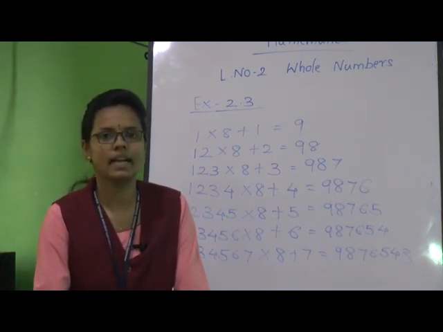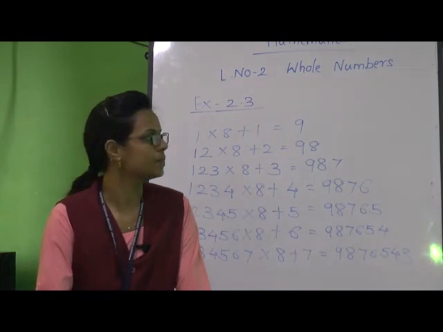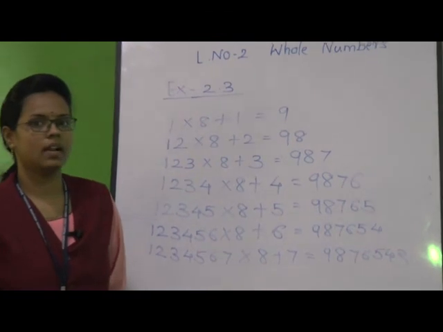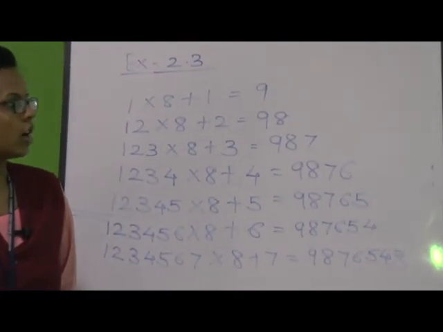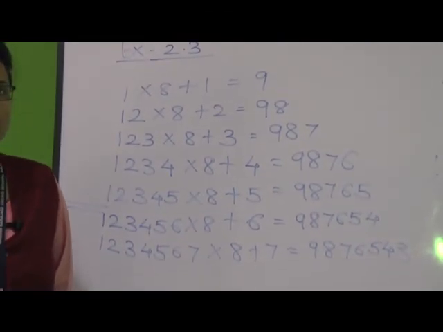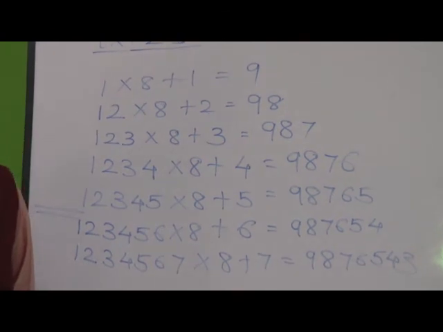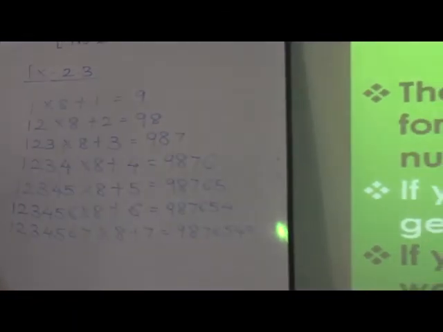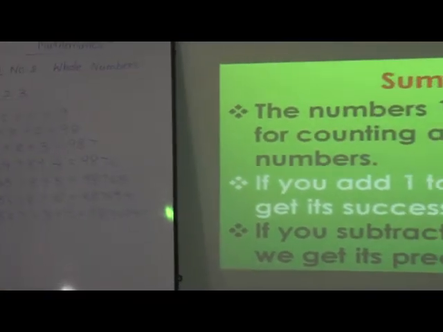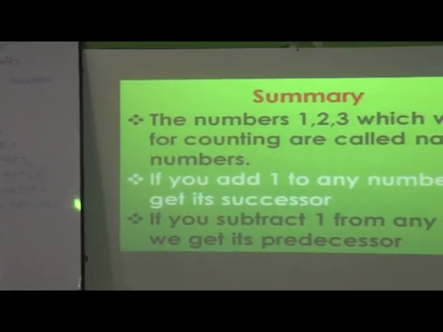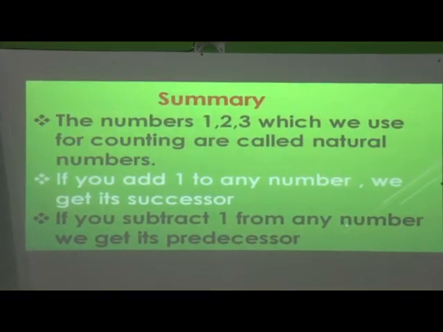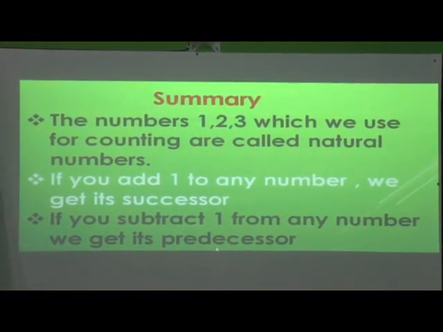Let us summarize all the things. The numbers 1, 2, 3 which we use for counting are called natural numbers. If you add 1 to any number, we get its successor. If we subtract 1 from any number, we get its predecessor.